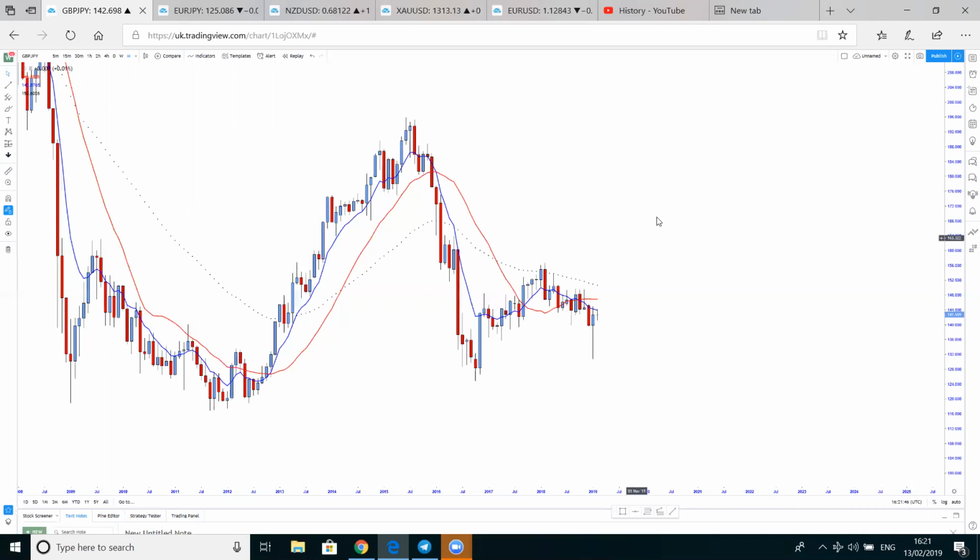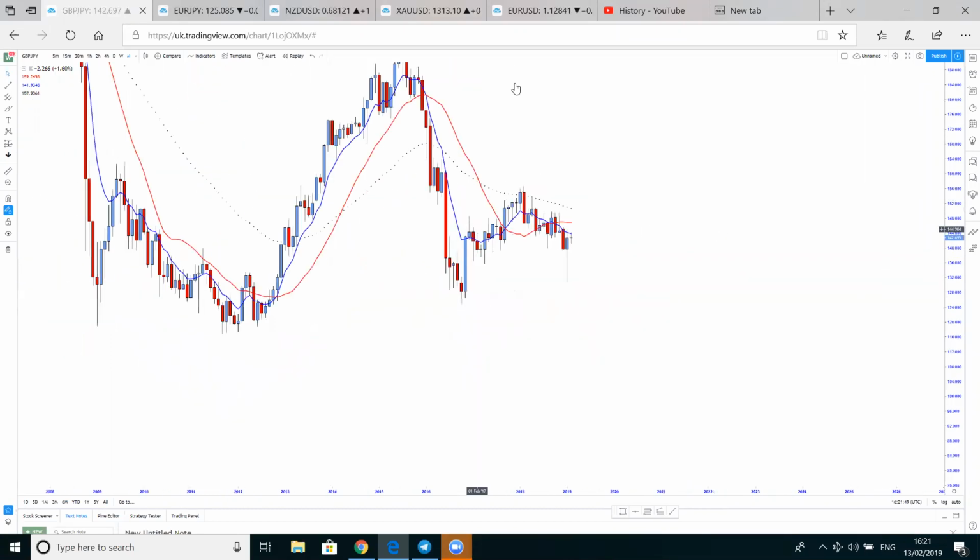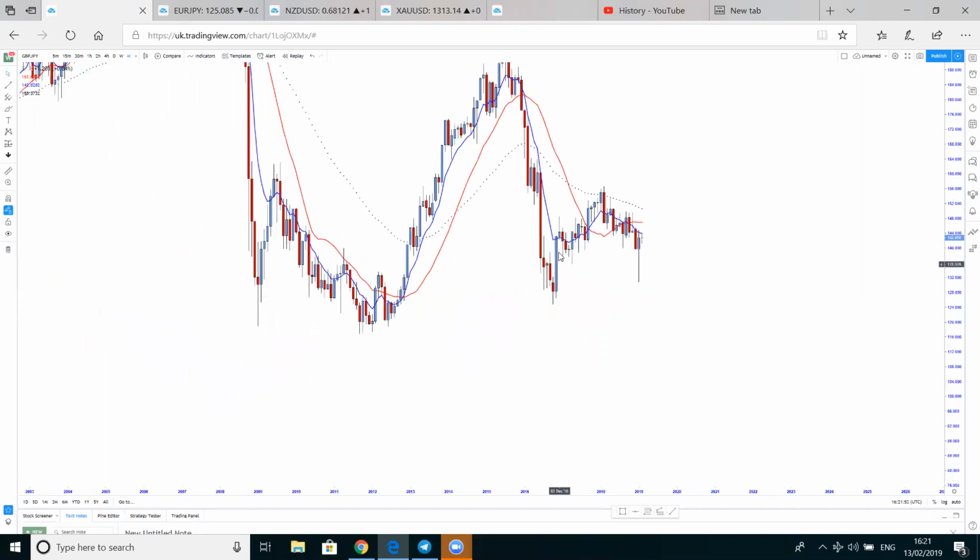A monthly chart is right in front of you. As you can see, the price came down and the price reversed. Price went up, and then the price started to go down again. Huge rejection. So you've got a huge rejection there.